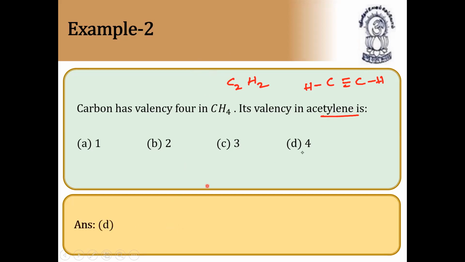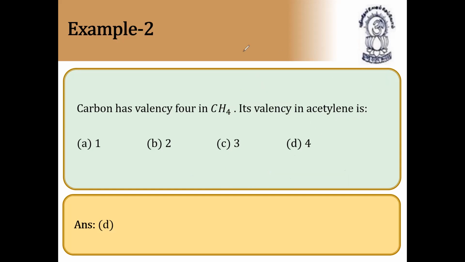Covalence is 4 again, because even with triple bonds, carbon valency is 4 in all organic compounds. Simply you can say the valency of carbon is 4. Very important point.